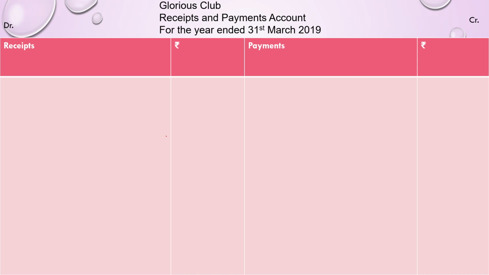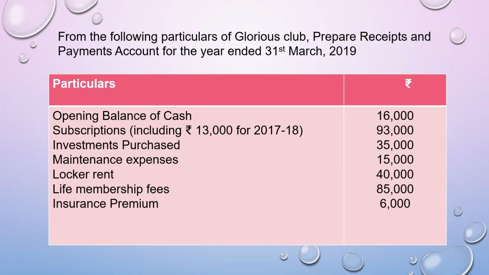So let us start now. We saw that it is starting with the opening balance of cash. So you write balance brought down, that is 16,000. That is the cash in hand which is there. Next, subscriptions, including 13,000 for 2017-18. So out of the total 93,000, 13,000 is related to the previous year.